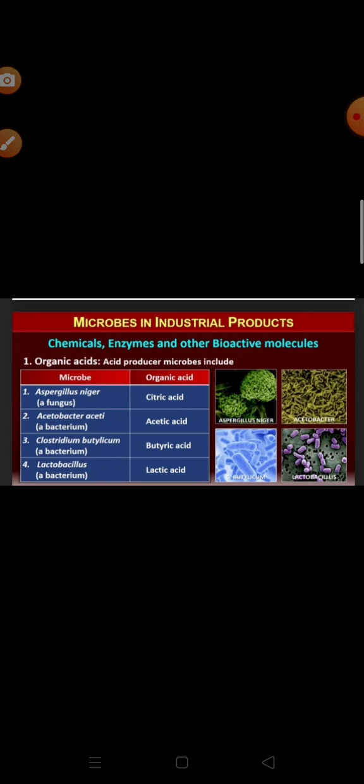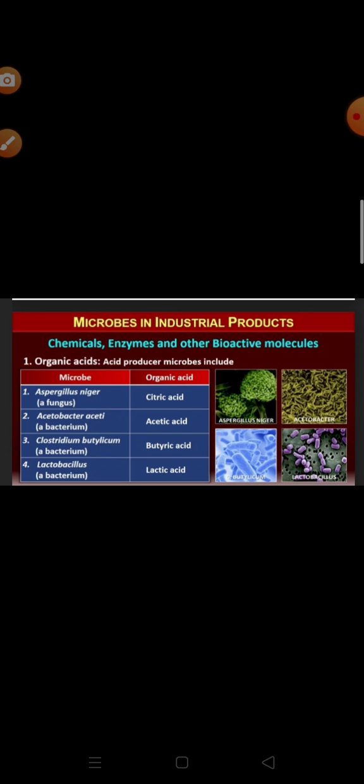What is the microbe used for the production of citric acid? Aspergillus niger. Acetic acid is produced from the bacteria Acetobacter aceti. Butyric acid is produced from the bacteria Clostridium butylicum, and lactic acid is produced by using the microbe Lactobacillus.